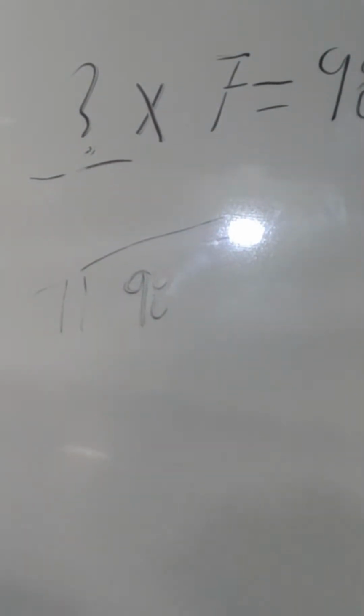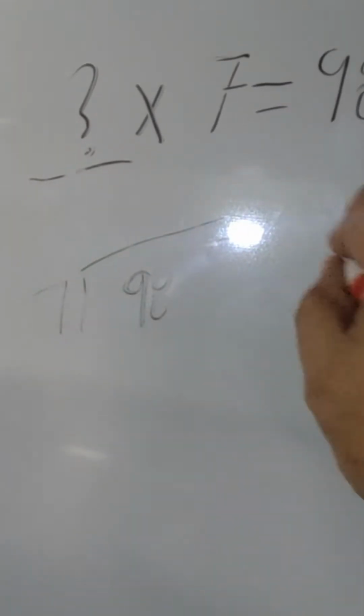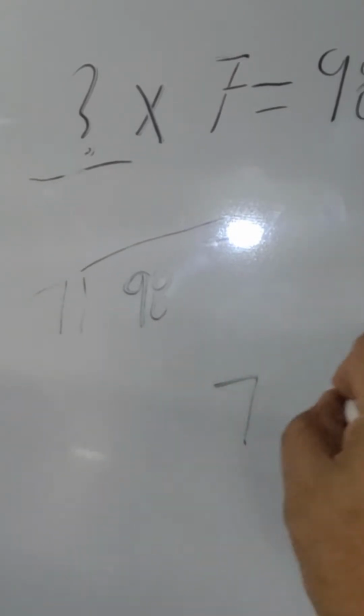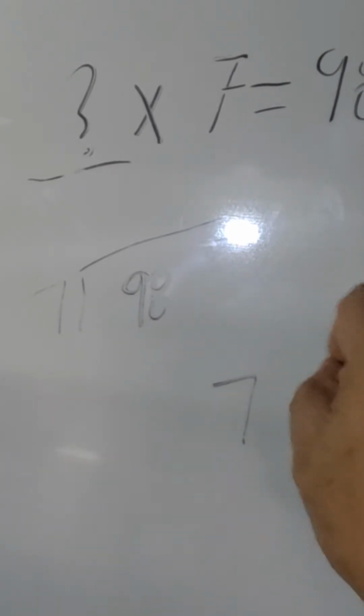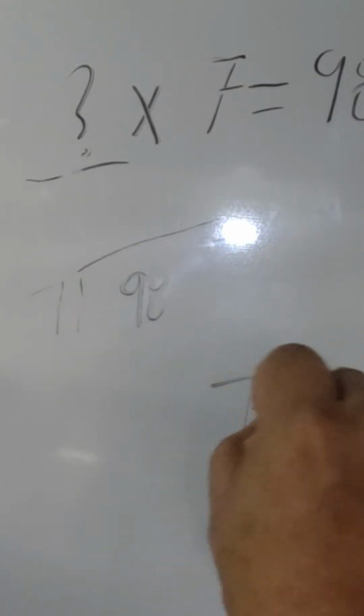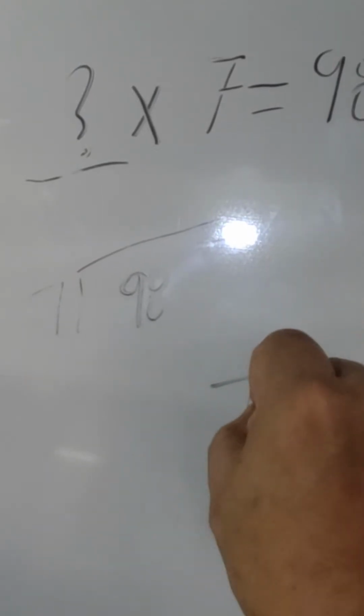So 7, is that greater or less than 9? Is 7 bigger or smaller than 9? It's smaller, right? So that means 7 is less than.